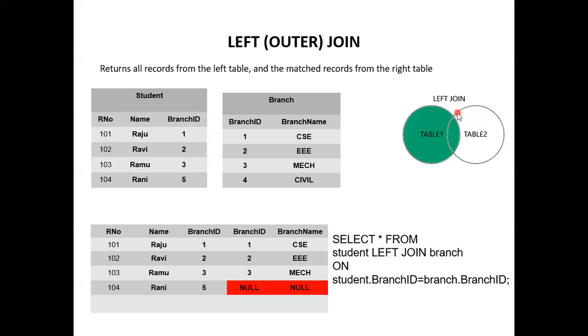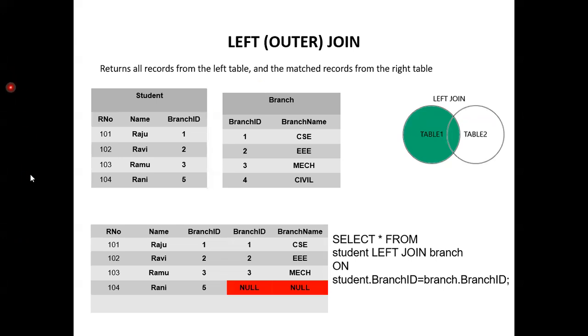If you are going to join two tables, table 1 and table 2, whenever left join is used between them, all the records in the left table will be considered, and only the rows in the right table having matching values with table 1 will be considered. That means in left join, we take all the rows in the left table and only the matching records in the right table.